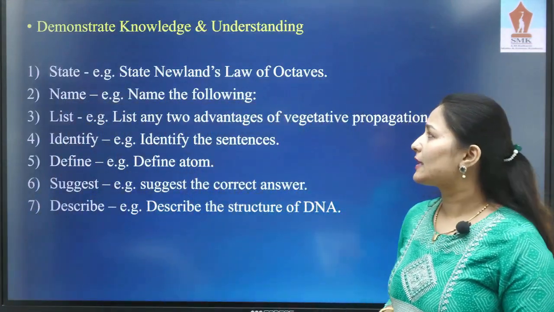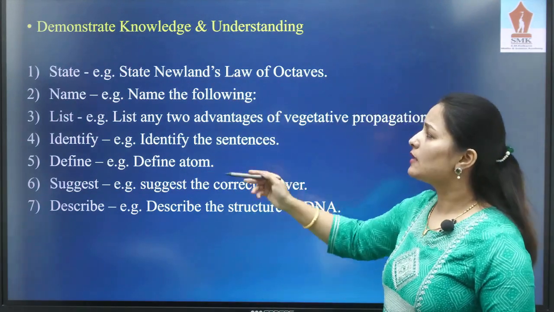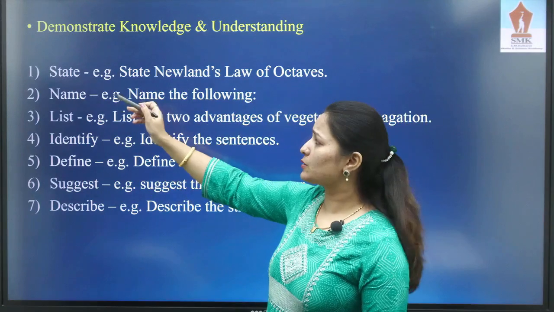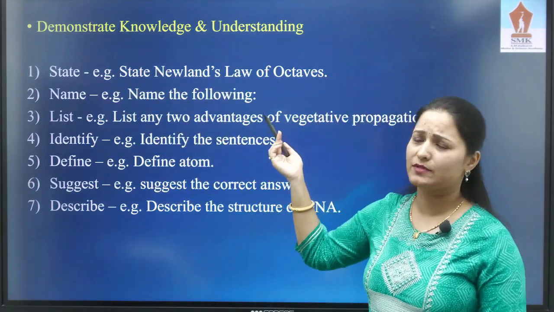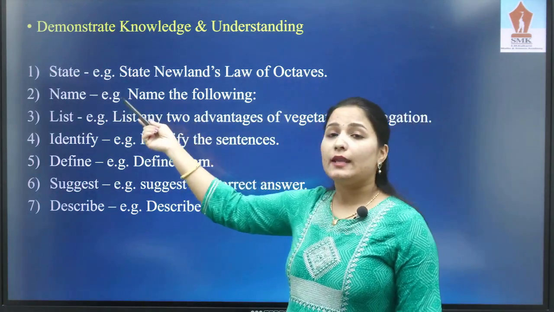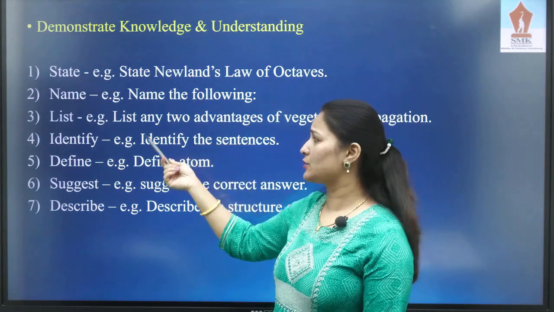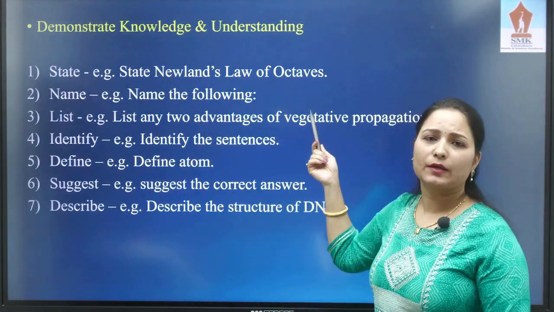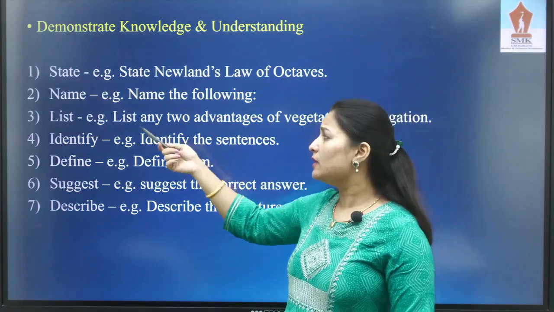In the first section, as I told you, demonstrative and knowledge understanding kinds of questions are asked. For example, state Newton's law of octaves, or any statement they are asking you to state. Naming the following, for example any IUPAC nomenclature, or any particular diagram where they ask you to name or label the diagram.